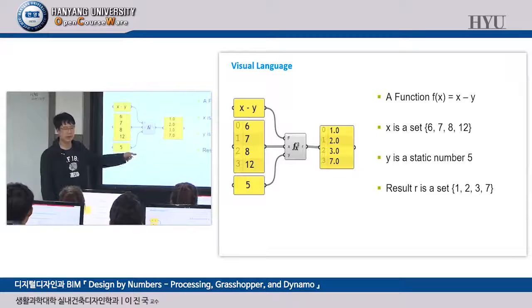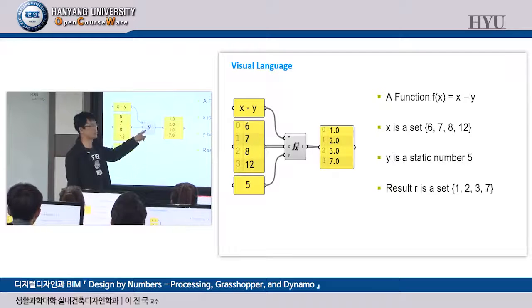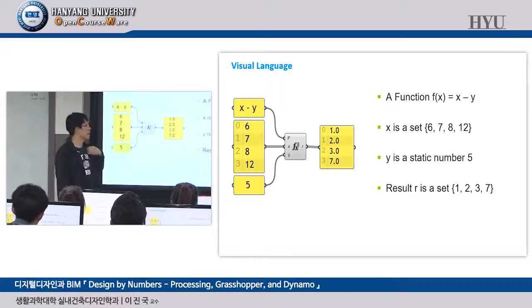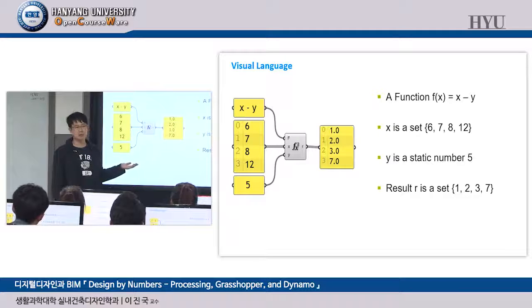In this case, it looks a little bit different and difficult, but because of this one, fx, okay? Fx usually means function. Function means a specific operator, equation. What is this operation in this case? Take a look.